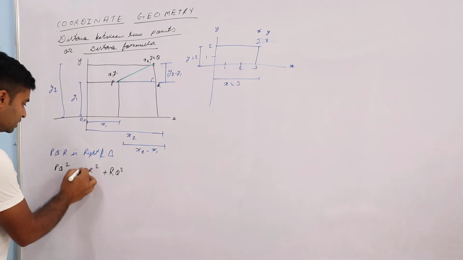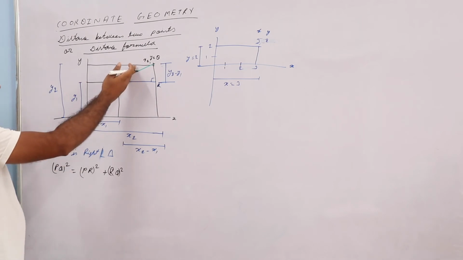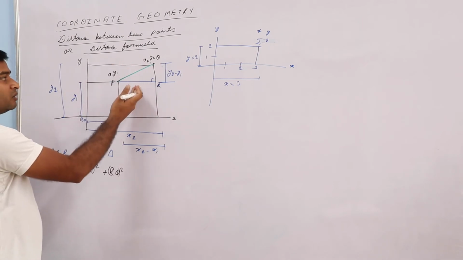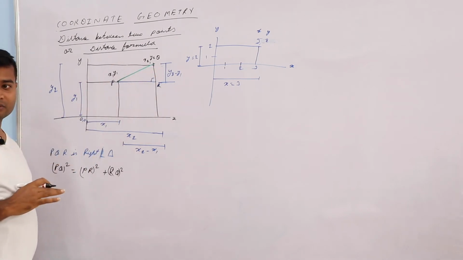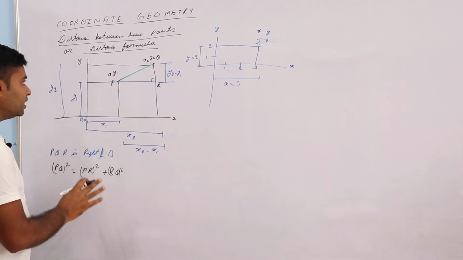We know hypotenuse square is equal to perpendicular square plus base square. That thing only is written. Now just put the value.